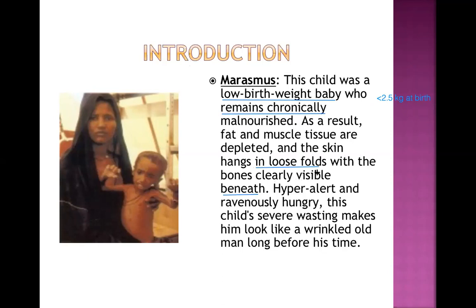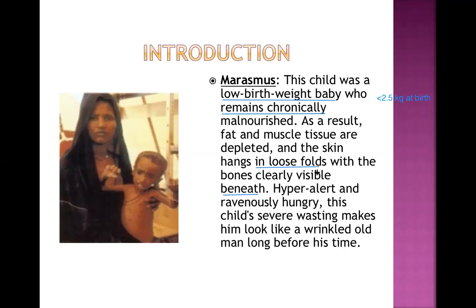There is no subcutaneous fat anywhere in the body, so the skin develops loose folds, and sometimes they hang, very commonly seen in the buttock area. If we remove the cloth of the child and look at the buttock area, the skin will be hanging like a loose fold, and most of the bones are visible clearly from outside.